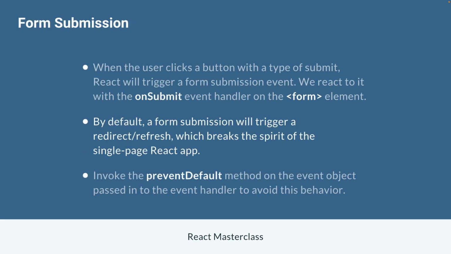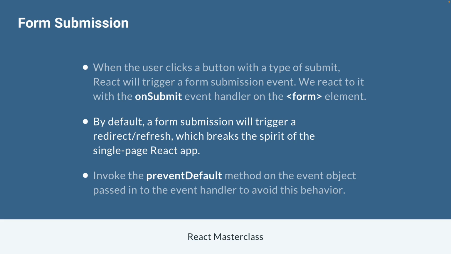All right, finally, the last thing we talked about was form submission. So when the user clicks a button within a form container with a type of submit, React will trigger a form submission event. And the way we react to that is on the actual form element. We provide the onSubmit prop/attribute, and just like with anything else, we provide a function or method to run when that form is submitted.